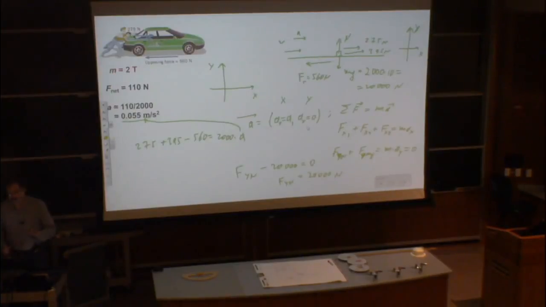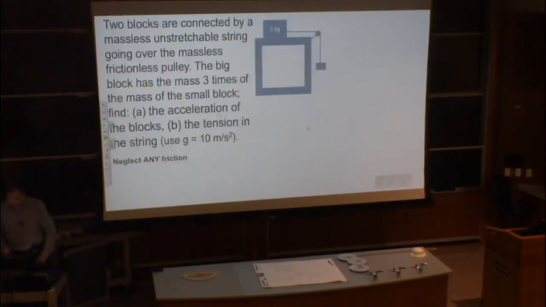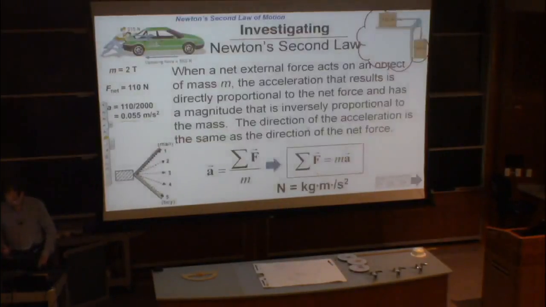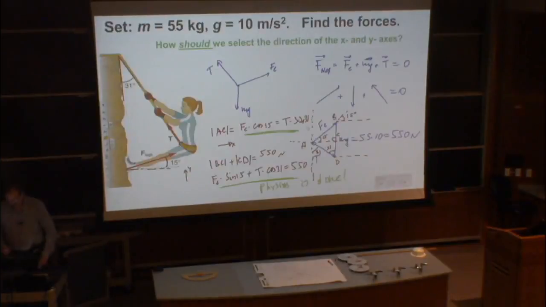Problem seems simple, it is simple. This approach is general for all problems related to Newton's laws. Not yet. I have a question on how do you solve at the end?